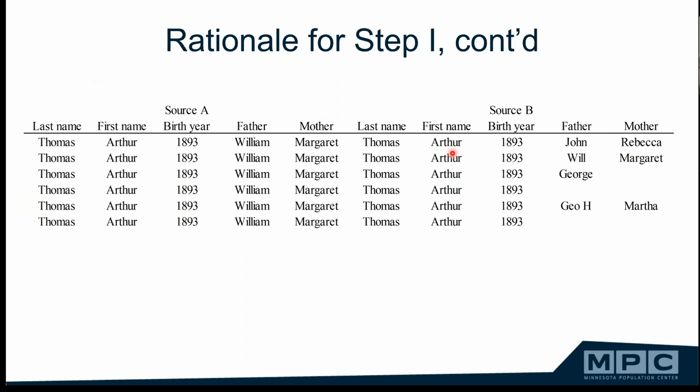And you see that by adding this information, it becomes pretty easy to identify the right match. It's the second one here, where we have a William and Margaret, and a Will and Margaret 10 years later. So our rationale was that we want to train our algorithm to use this information when distinguishing between matches, just as I am doing right now as a human being.